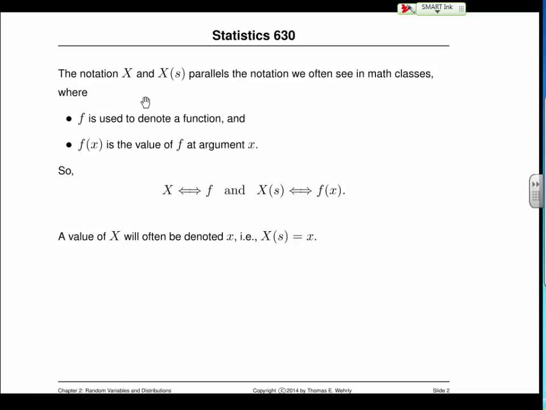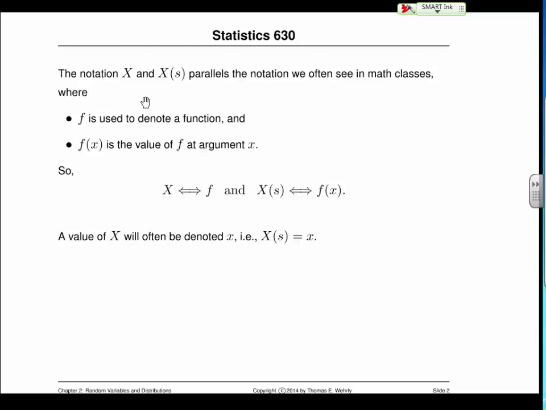Okay, so our use of the capital X is similar to what mathematicians do with an f in math classes. The most common notation for a function is little f. And then f of x is the value of f when we apply the function f to the number x.